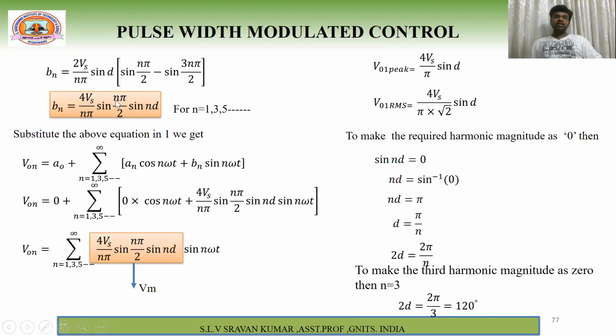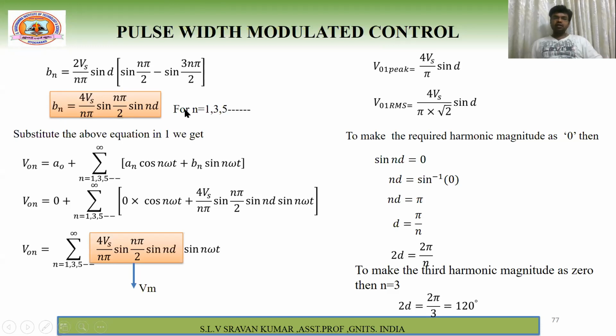Right. See this n pi by 2, if you keep 1, sine n pi by 2 is 1, I mean sine pi by 2 is 1. If you keep 3, what happens? Sine 3 pi by 2, that is minus 1. But while you are calculating these harmonics, you are concentrating on magnitude, not the sign. So if you substitute this Bn value here, finally you will get n is equal to 1, 3, 5 and so on to infinity, right?